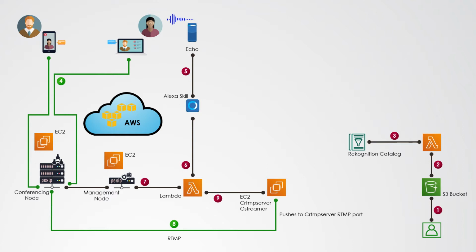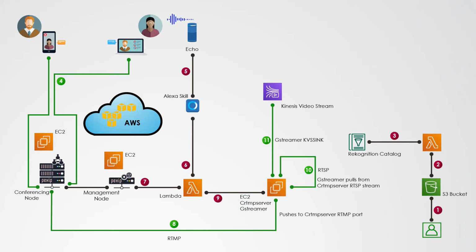Then it launches the GStreamer application, instructing it to pull the video using RTSP from the CRTMP server on the same machine. So essentially, I have the media going out of the CRTMP server application back into the same EC2 instance in the GStreamer application.